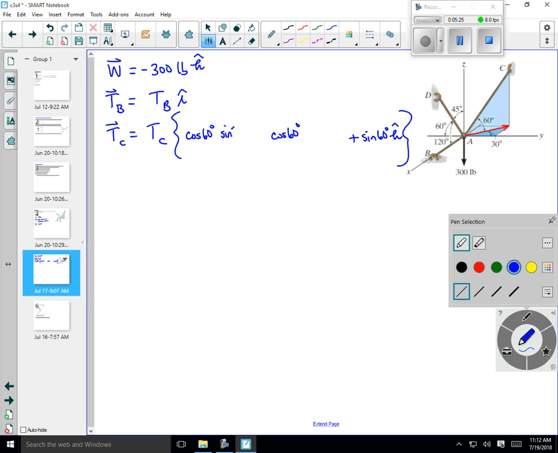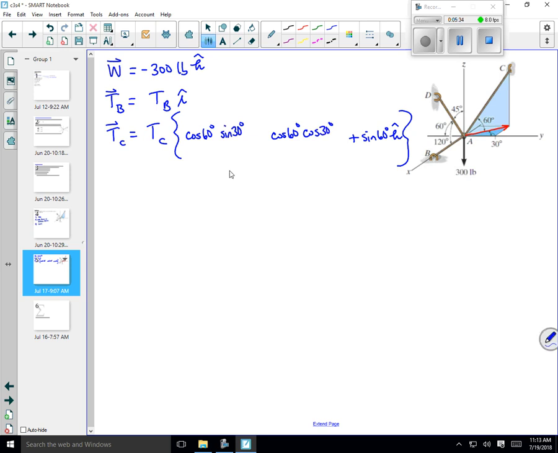Sine 30 degrees. And I'm going to get a cosine of 30 degrees over here. Now this is j hat. This is i hat. The x component is negative, so I'm going to put a minus sign in front there.